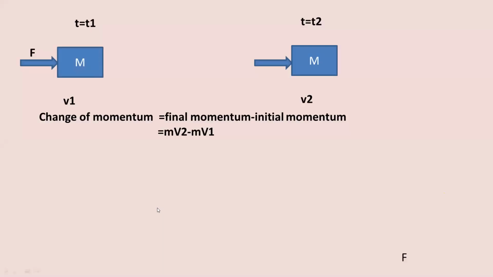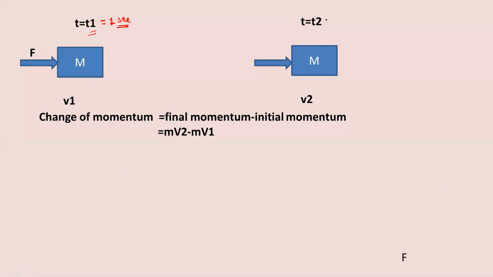Here we can see an example. Suppose we apply some force F on an object having mass m at time t equal to t1, that is the initial time. Let us take this time as 1 second. Because of this force, the object has velocity v1.